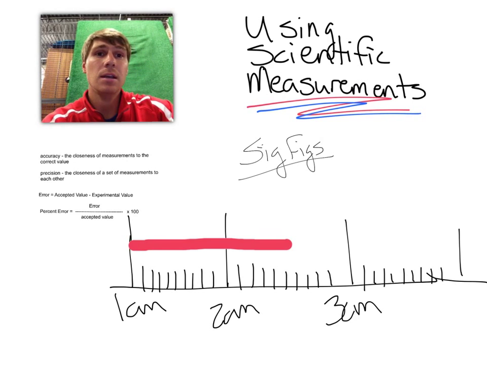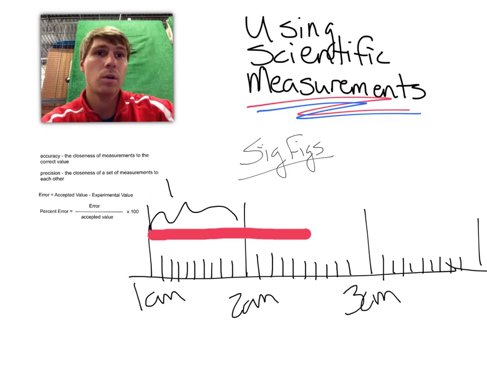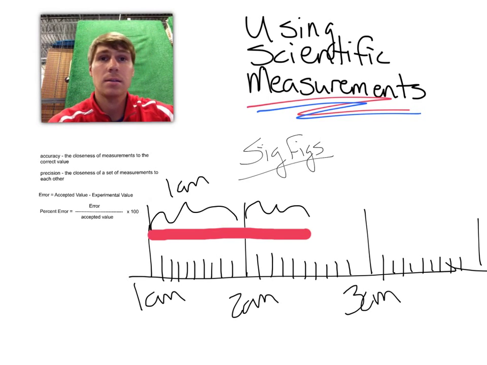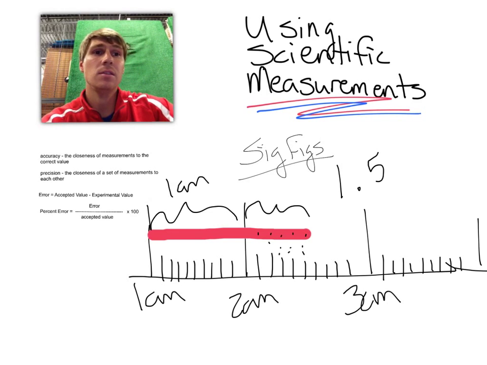What we're going to see is that we have right here 1 centimeter, and here is point something, right? So we're going to have 0.1, 0.2, 0.3, 0.4, 0.5, and now we know that it's 1.5, and do we know where it's at in between these two things?